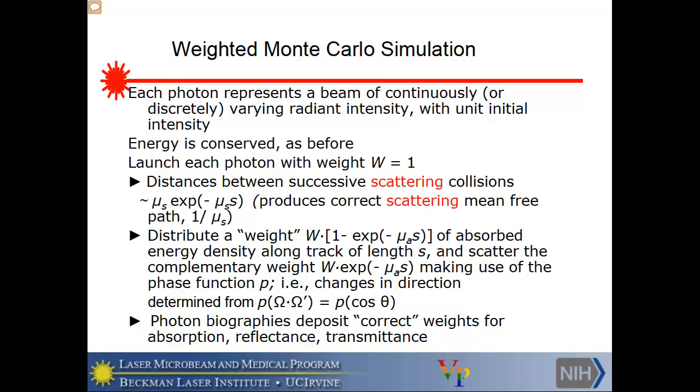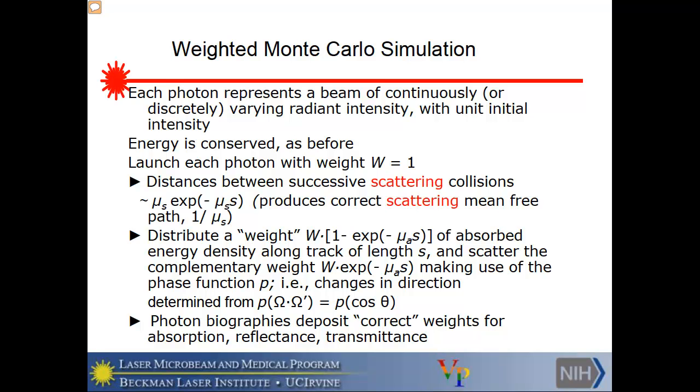Now here, each photon represents a beam of continuously or discretely varying intensity. So it starts out initially with unit intensity, just as in the analog case. Energy is conserved as before, and you launch each photon with a weight of 1.